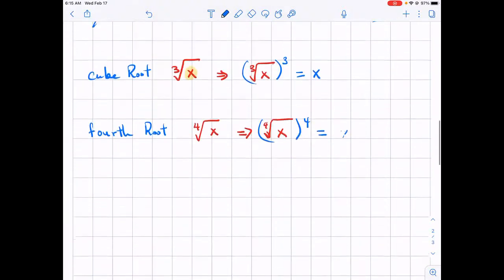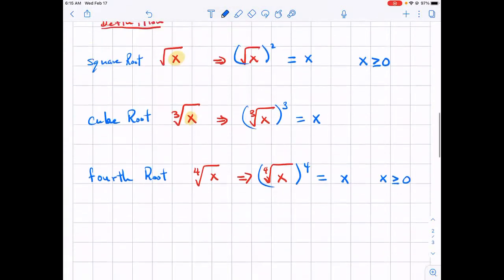And in this case, x has to be greater than or equal to 0. This x here must be greater than or equal to 0. Notice for a cube root, we didn't put that here because cube roots of negative numbers exist.